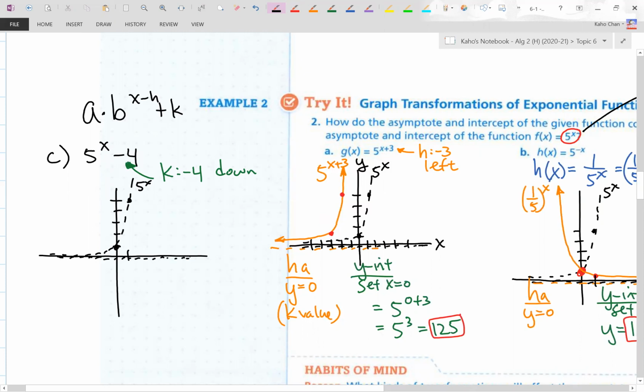Those two black dots are going to go down 4. 1, 2, 3, 4. Boom. 1, 2, 3, 4 right there. Also, the asymptote gets moved down 4 places too. 1, 2, 3, 4 right here. So here's the graph.